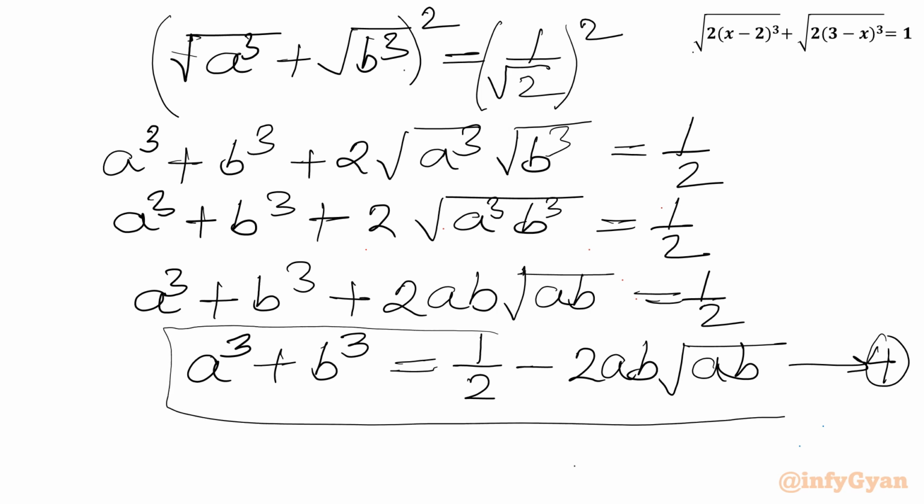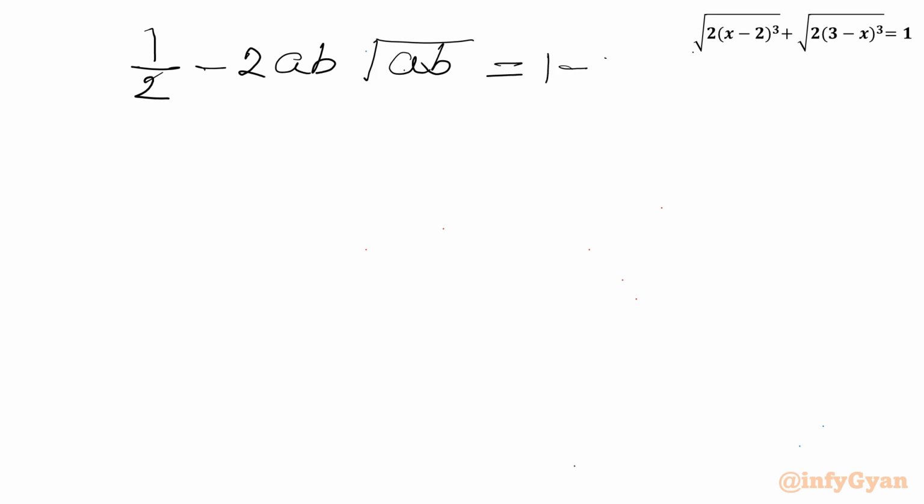And if you see, equation 3 and equation 4 are both equal to each other, as we have the LHS a³ + b³. So let's equate the RHS also. I will write 1/2 − 2ab√(ab) = 1 − 3ab.